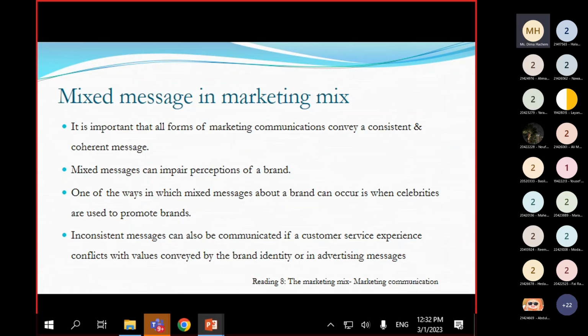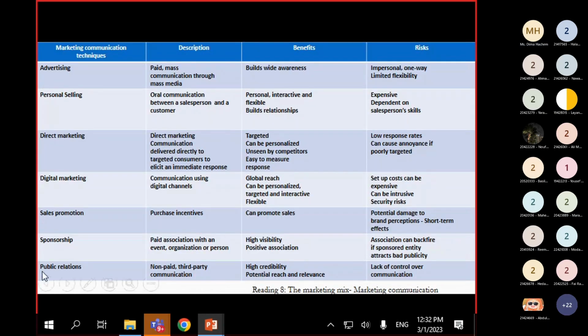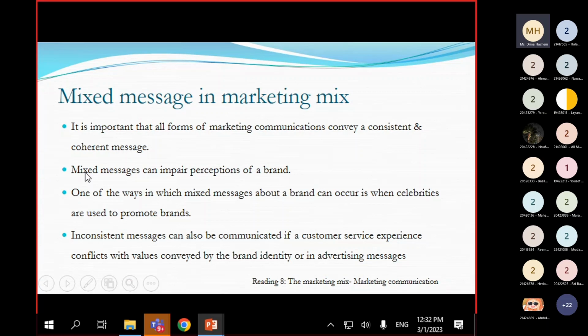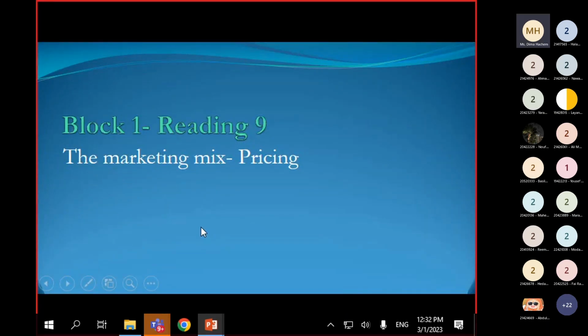All right, so your salespeople should be trained to address the right messages of the brand. Your promotion, your sales promotion should be also set in a way that also reflects what the brand is. Okay, of course, the direct marketing, the digital marketing, all of them should be coherent, should be sending a similar message. Any questions?